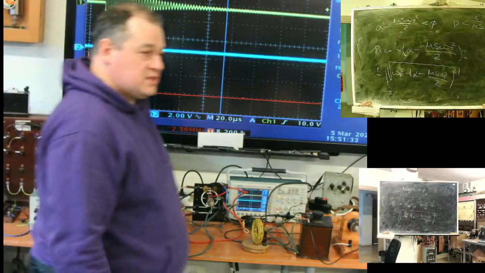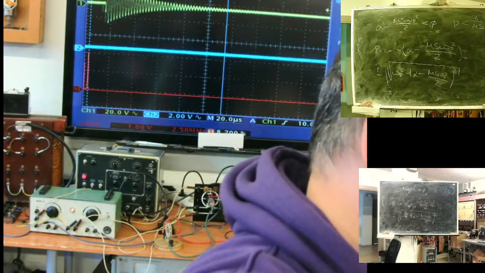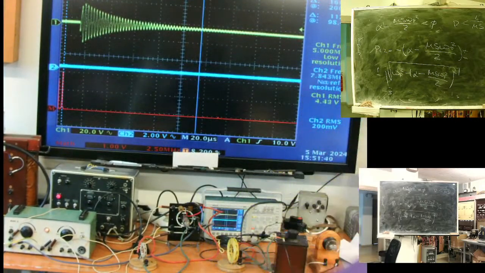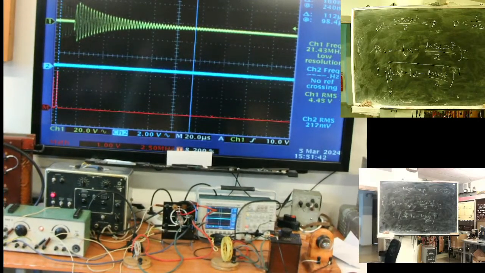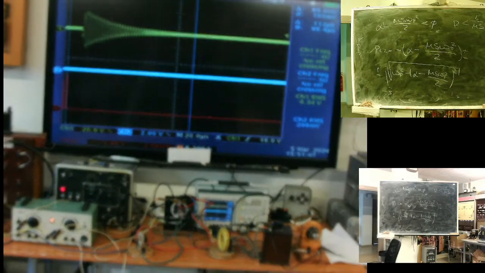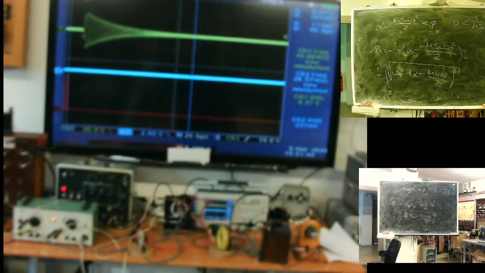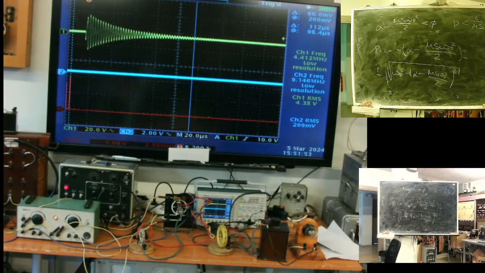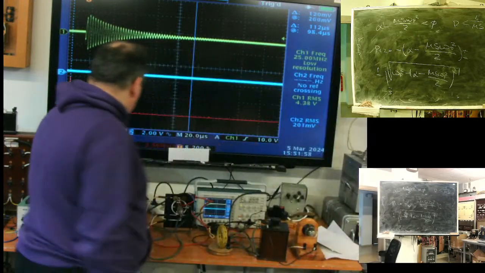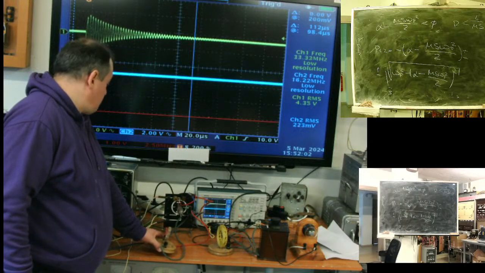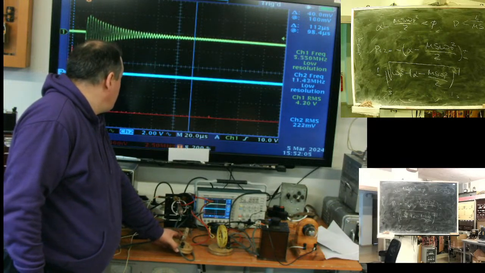Okay, let's take a look. Coils are visible. Now feedback is positive.